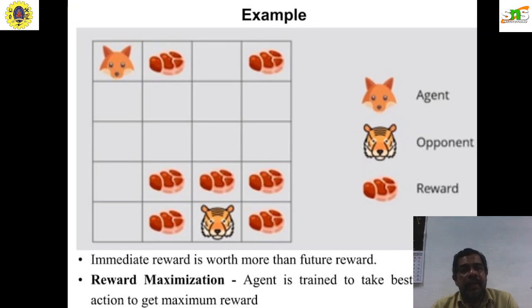The fox has two sets of rewards, and the tiger has four sets of rewards. Obtaining the reward from the tiger is a little bit difficult because the tiger is an opponent of the fox. When the fox reaches the tiger's region, it captures the food without the tiger knowing, and then the fox receives a good reward from the tiger section. This is called reward maximization.